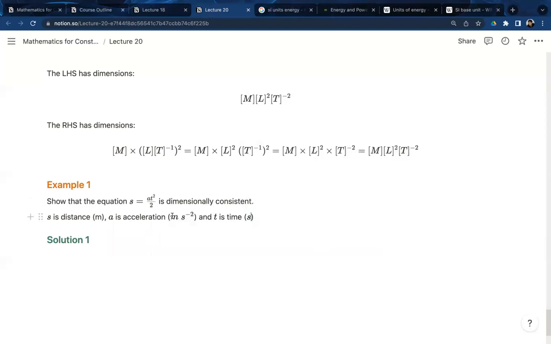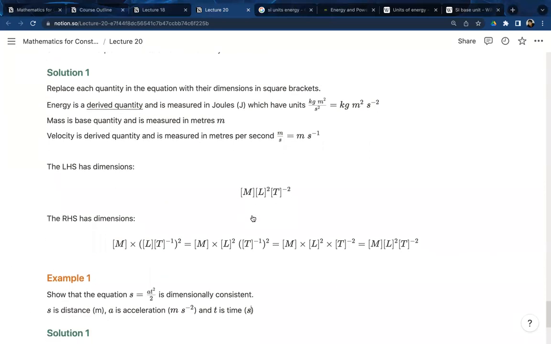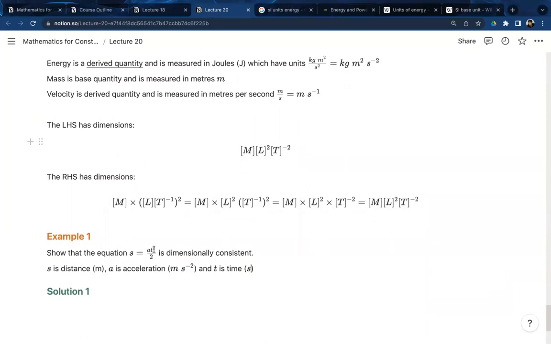Just like how velocity is meters per second, acceleration is meters per second squared. So use dimensional analysis to show that the equation is dimensionally consistent. Try this for homework.